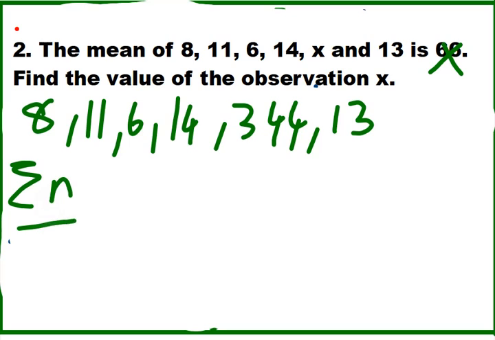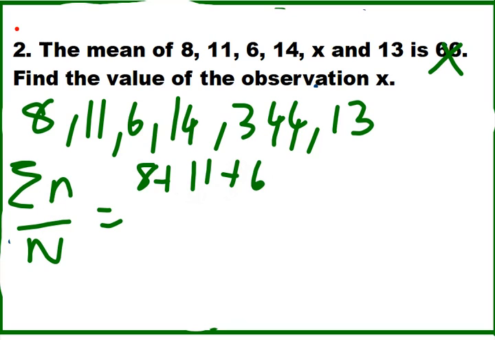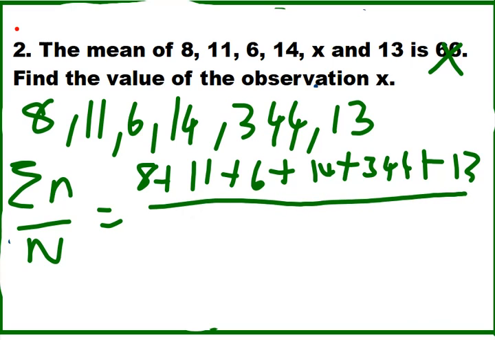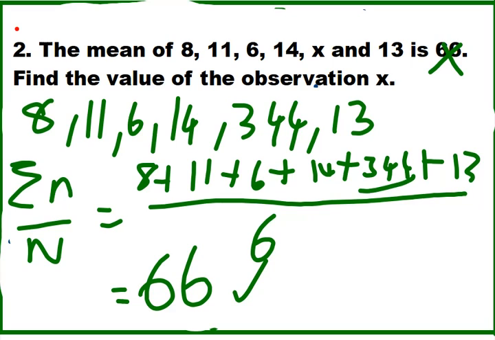So it's going to be our formula sigma n over big N, and it's still 8 plus 11 plus 6 plus 14 plus 344. It's a big number, but let's check if it belongs there. And big N. If we add all this on top, we get 396 divided by 6 gives us 66. So that means we are correct, and 344 is actually x.